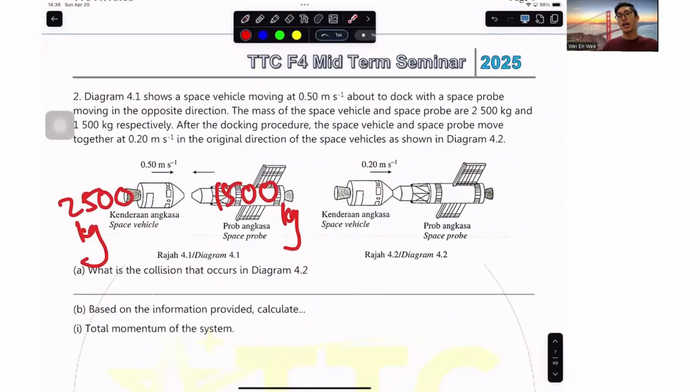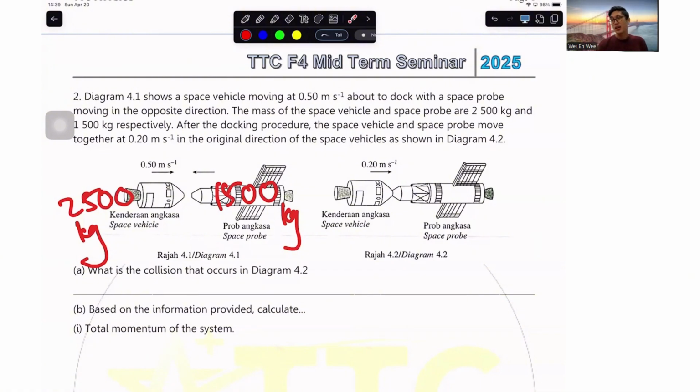What is the collision that occurs in diagram 4.2? Now we have 3 types of collision. We have elastic. Elastic means it's bouncy. When 2 things bang together, if you can make the sound effect toing, toing, toing, that means it's elastic.